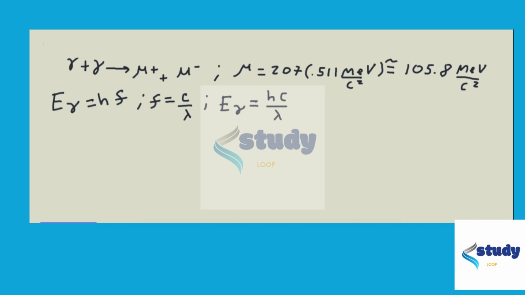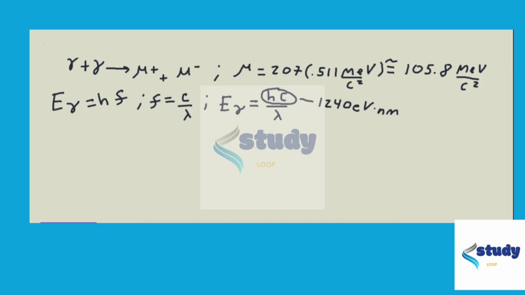This term hc, if you use Planck's constant in modern units, meaning eV times second, and you multiply that by your speed of light, what you get for the value of hc, which is very useful, especially for exams, is 1240 electron volt times nanometer.